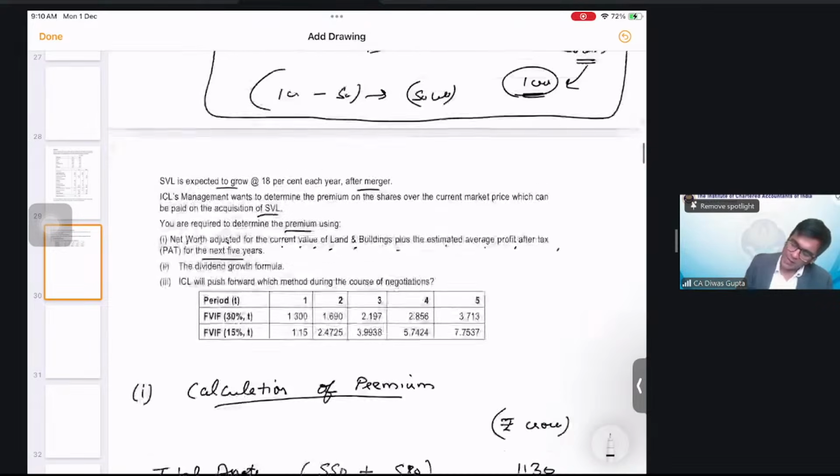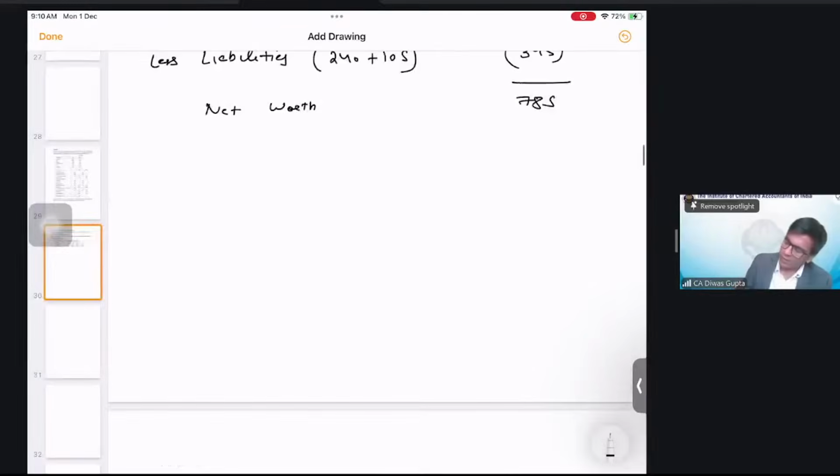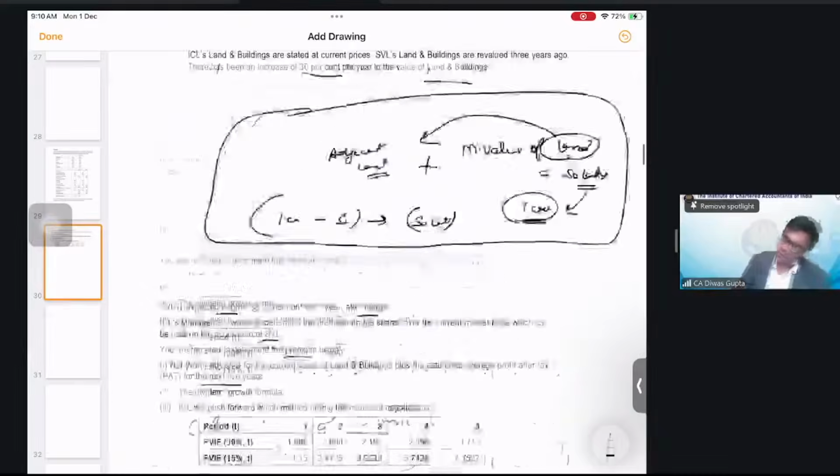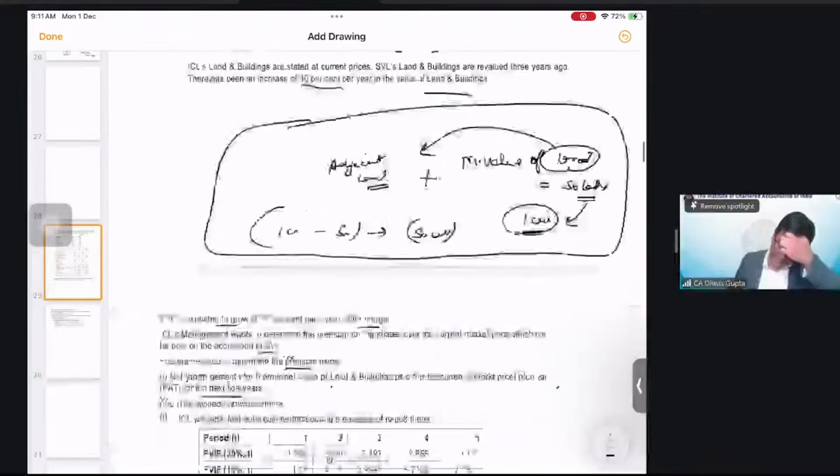So since land was revalued, right, 30% per year for 3 years, the current revalued land and building, what is the value? 190 is their book value, right?